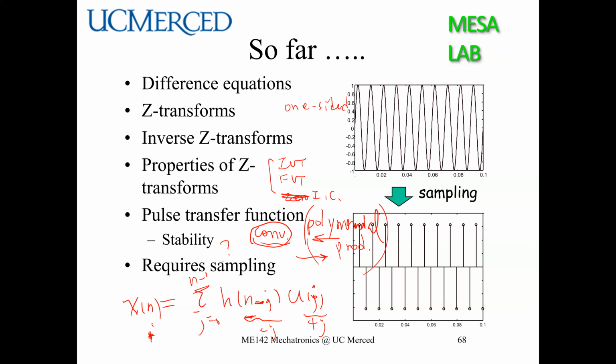And today we also talked about digital differentiation and integration, s and 1/s, okay? And the corresponding Z transform under different approximation formulas like forward, backward, and trapezoid. We talked about the Tustin transform, also known as the bilinear transform.